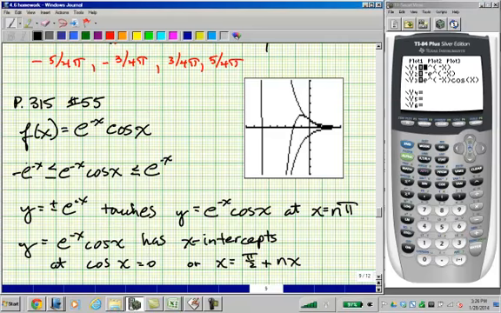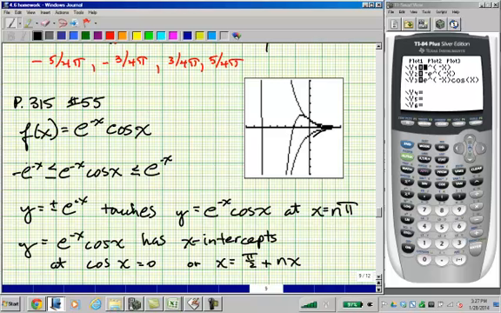Okay, right here. And then negative e to the negative x, and that's this graph right here. Okay, and then e raised to the power of negative x times the cosine of x, and that's this graph right here.